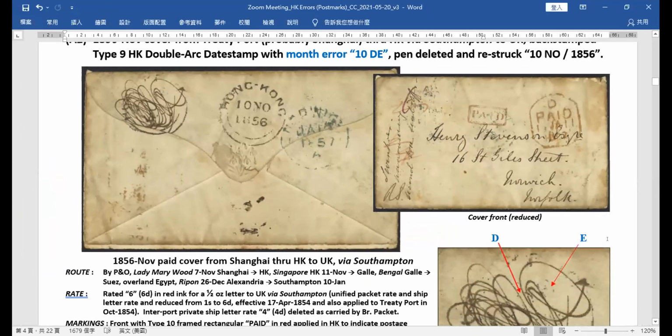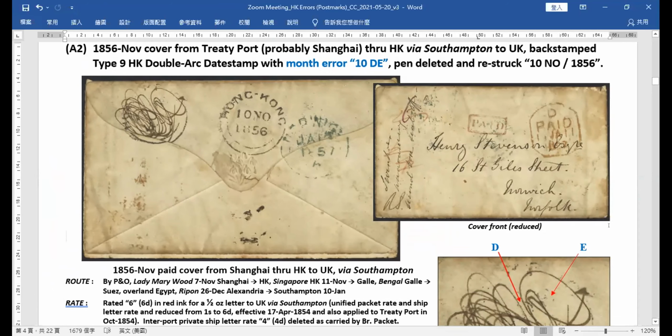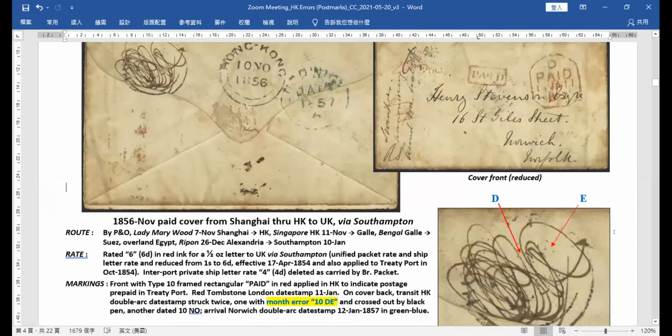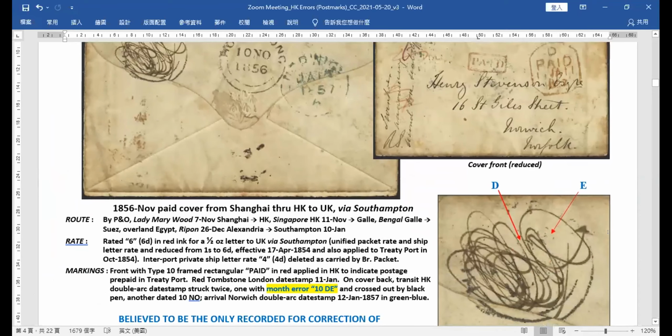I believe it will be the only record of this month error being corrected in that way. And I have confirmed the route by reference to Kurt, and it is sound that it will be November, but not December for sure, for this transit days there in Hong Kong.